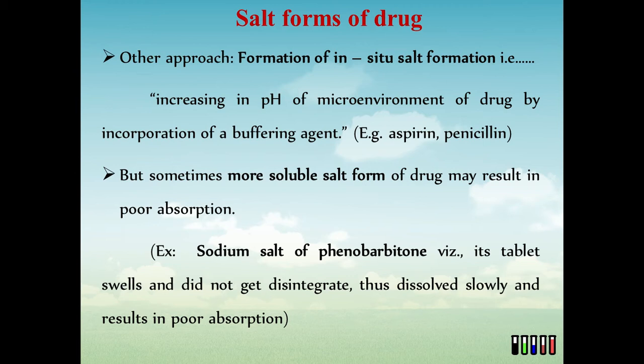In that case we are altering the pH microenvironment at that site by incorporating a buffering agent. Examples are aspirin and penicillin. The salt formation of aspirin happens in situ, at the location where it will get absorbed. But sometimes more stable salt forms of a drug are formed and may result in poor absorption.